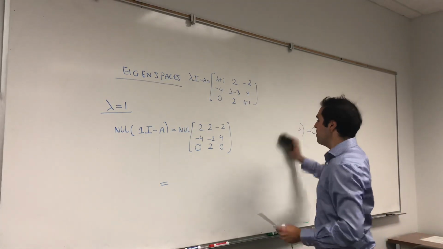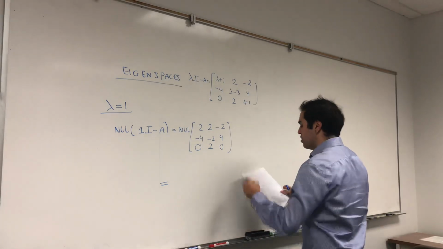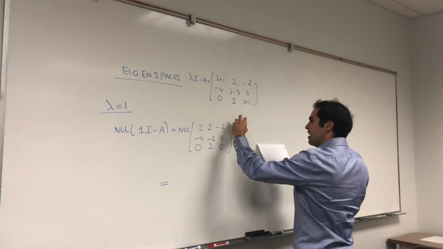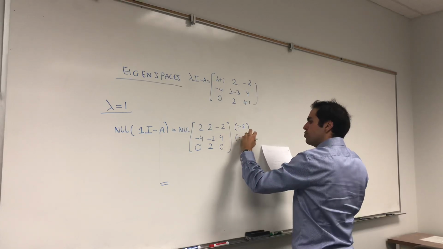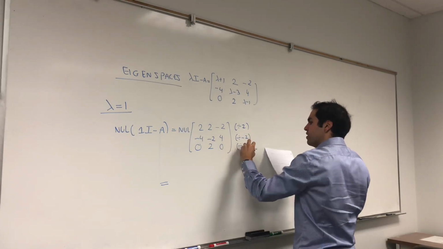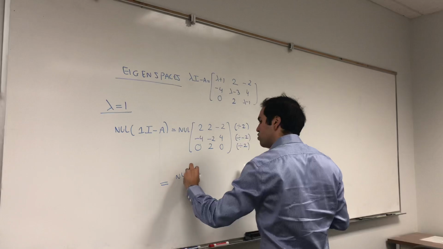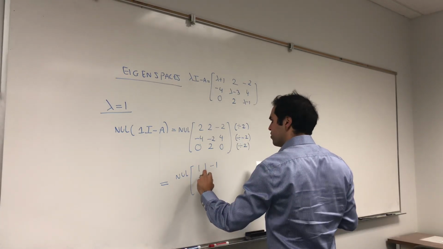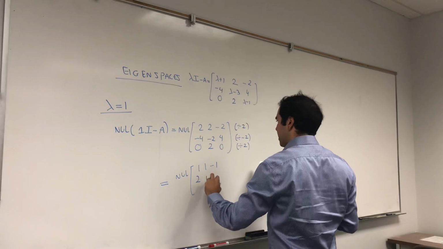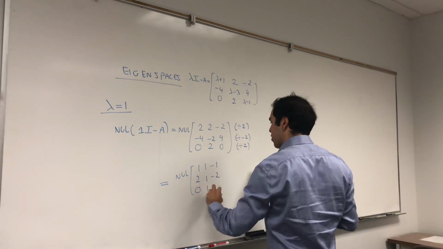So simplify this first of all. Notice, for example, you can divide this by 2, you can divide this by minus 2, and you can divide this by 2. So this is the null space of 1, 1, minus 1, 2, 1, minus 2, and 0, 1, 0.